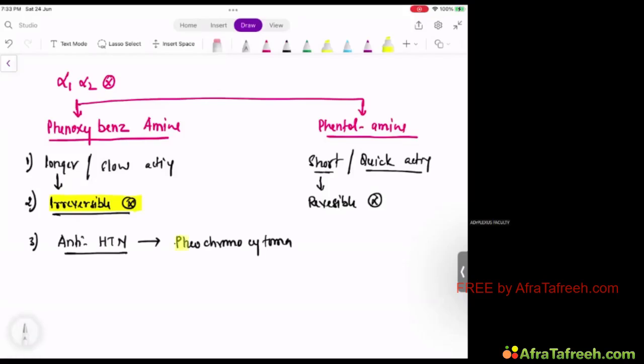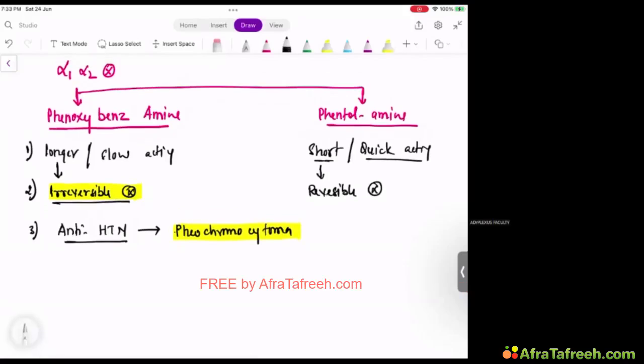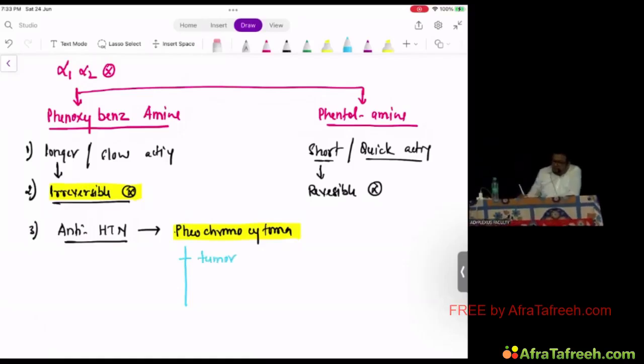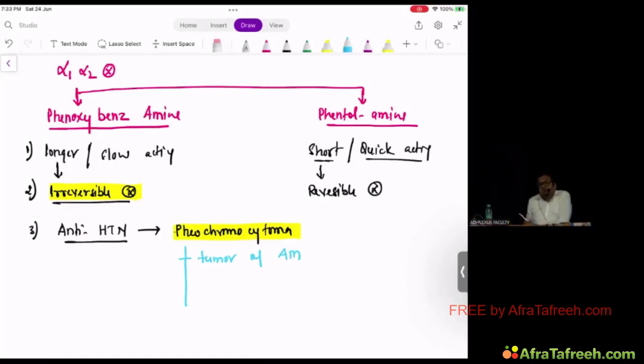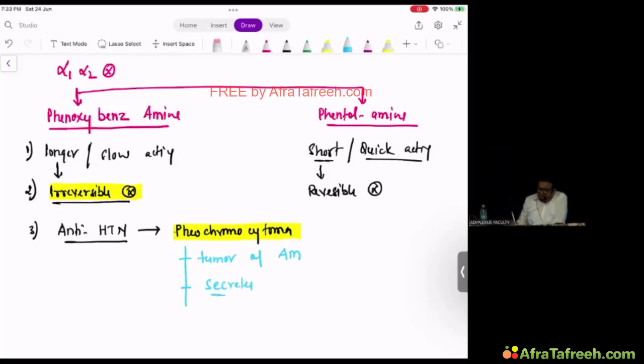So pheochromocytoma is a cause of hypertension. Some points about pheochromocytoma. It's a tumor of what? Adrenal medulla. It produces and secretes which substance into blood?